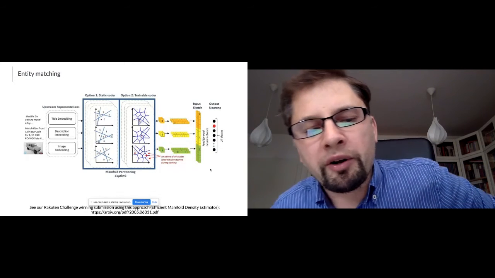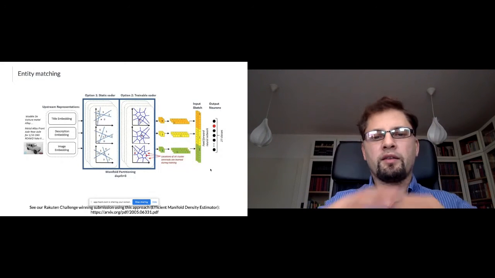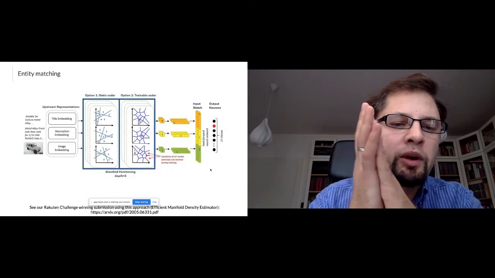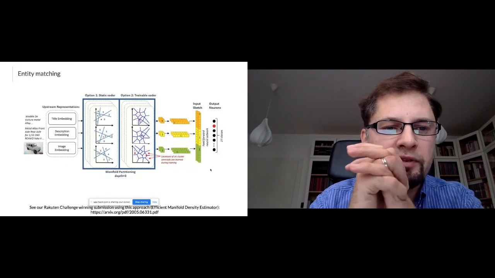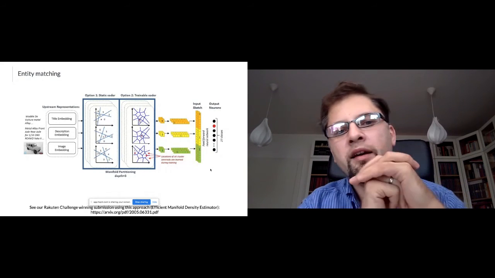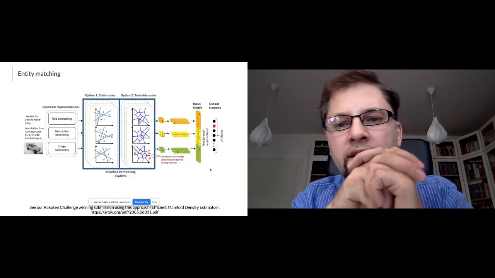And we have won the Rakuten challenge by using this algorithm. So essentially, we represent each type of data by multi-model descriptors, and then we do a manifold representation and partitioning.